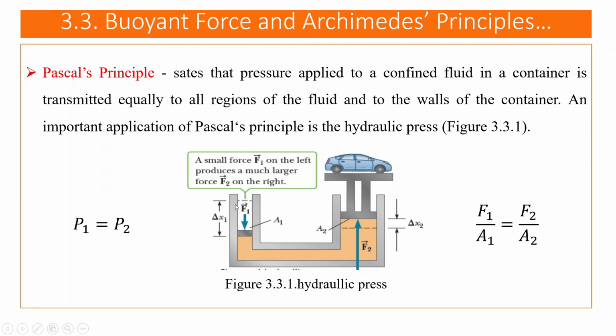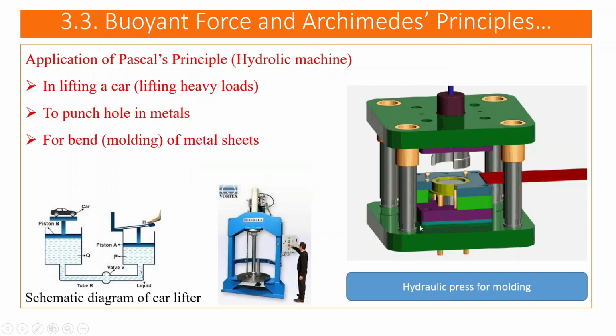So volume 1 is equal to volume 2. Volume 1 is equal to area 1 multiplied by change in x1. Volume 2 is change in x2 multiplied by area 2. So these two are equal. Divide both sides by area 2: change in x1 times area 1 divided by area 2 is equal to change in x2. So with this, it's possible to find the values of change in x2.